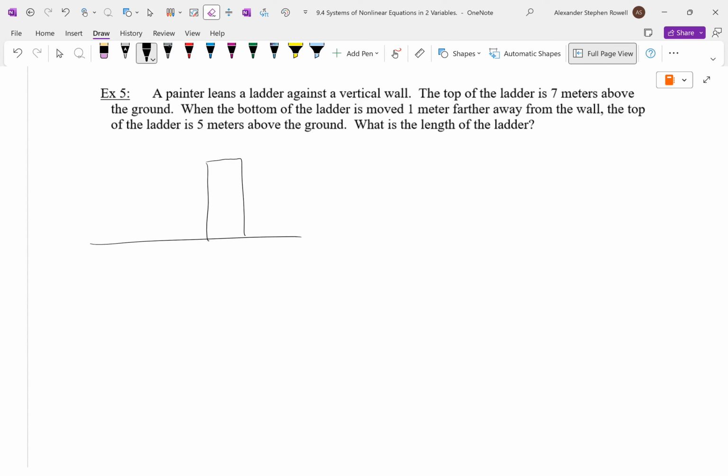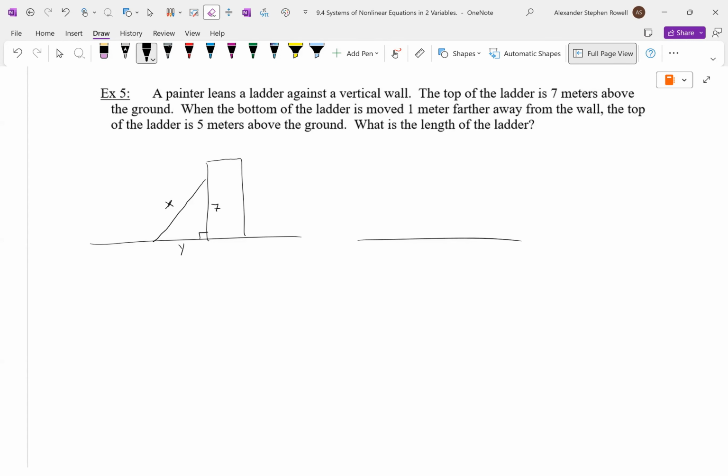We have a wall, we have a ladder. In the first picture, this side length is 7. We'll assume that this is a right angle. And we have an unknown ladder length, so I'm going to call that x. And we don't know how far away the ladder is from the wall. We'll call that side y.